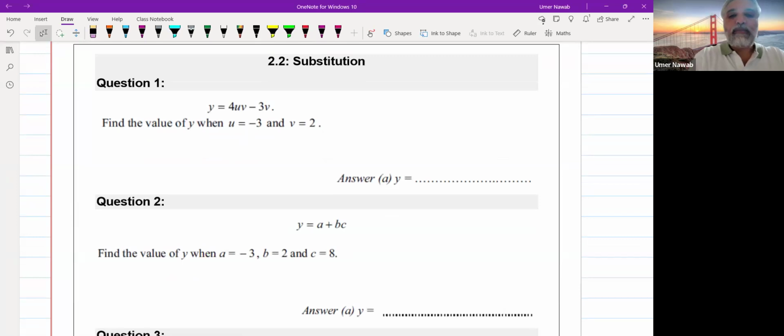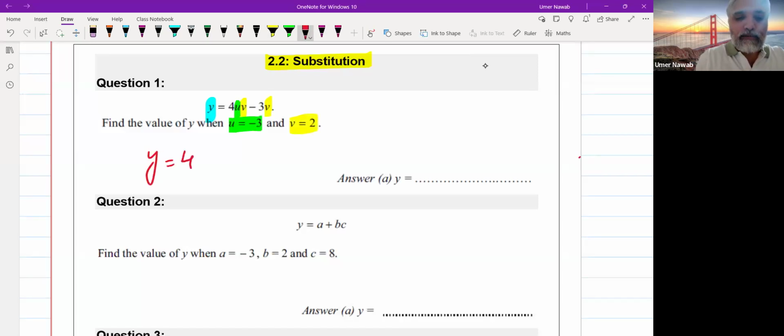Yes, now the second concept came in front of us, substitution. Here you can use calculators, guys, because the values are given to you. I want to find the value of y, where he tells you that the value of u is -3, and the value of v is 2. I'm going to substitute.